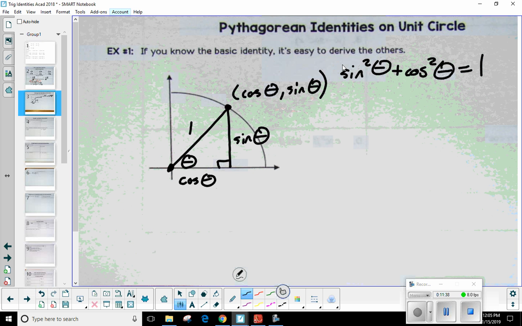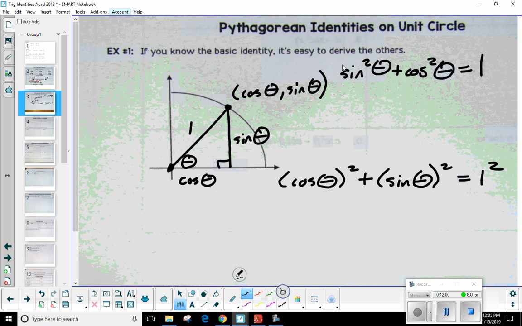Okay, but here's the thing, whenever you square a trig function, you square the trig function itself. You don't square the variable, in this case theta. So if I were to say cosine of theta squared plus sine of theta squared is equal to 1 squared, I just applied the Pythagorean theorem to the three sides, right?